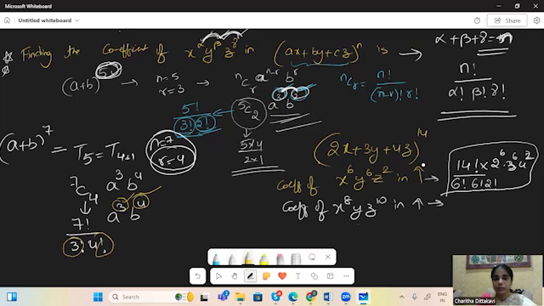Understood? Now, when I'm talking about coefficient of x power 8, y power 1, and z power 10 in the same expansion, think about it. 8 plus 1 is 9. 9 plus 10 is 19. 19 do we have? Our whole power itself is 14, whichever binomial expansion you observe. And when you add all these terms' powers, you need to definitely get the whole power there.